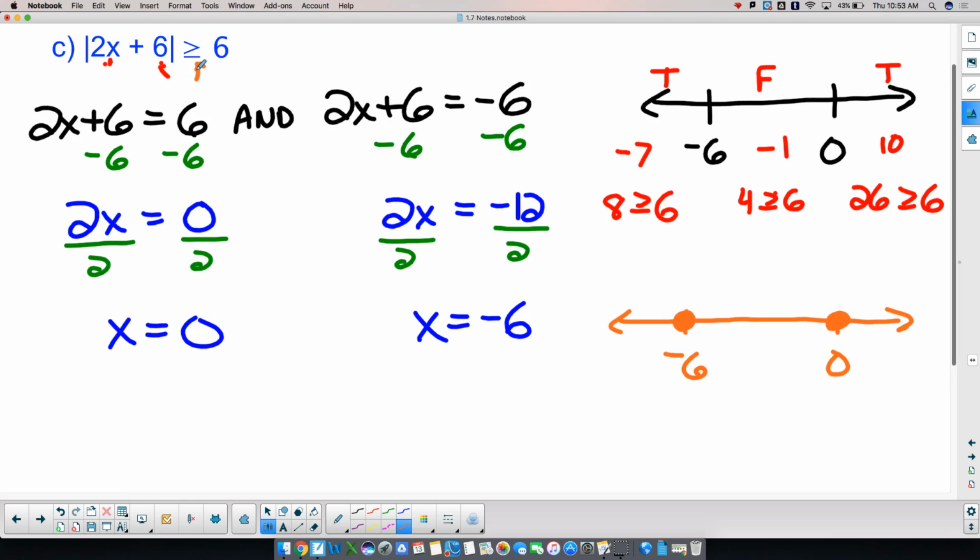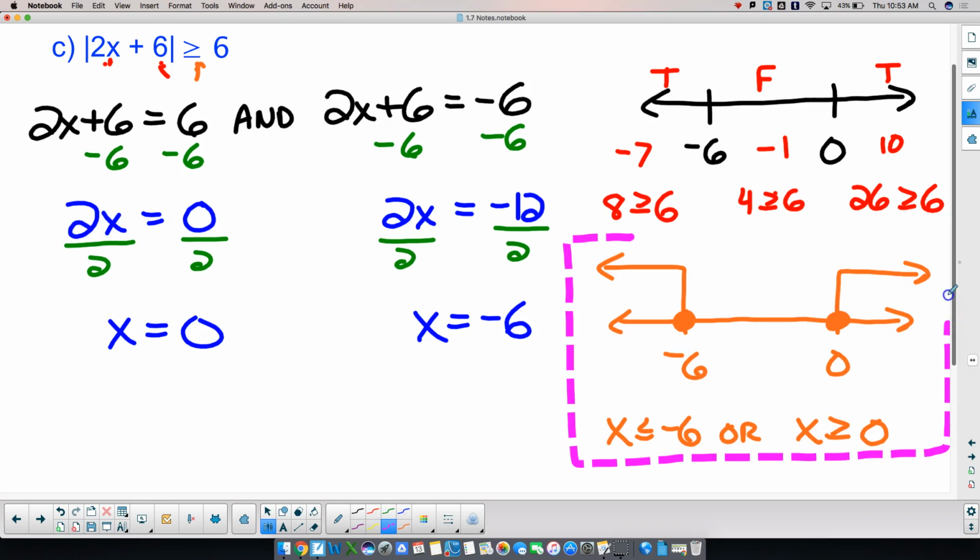So filled in, and then we're rowing the boat still, RTB. Okay? So then that's going to be x is less than or equal to negative 6, or x is greater than or equal to 0. That's good stuff right there.